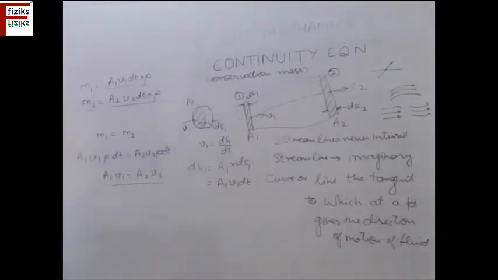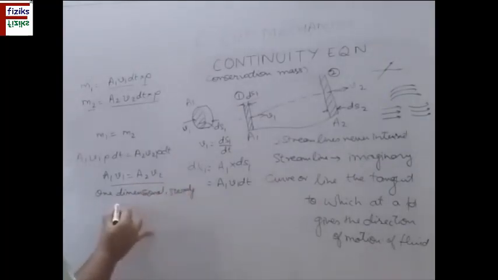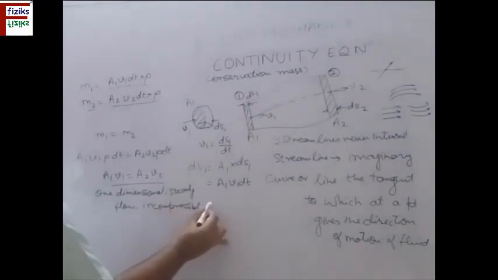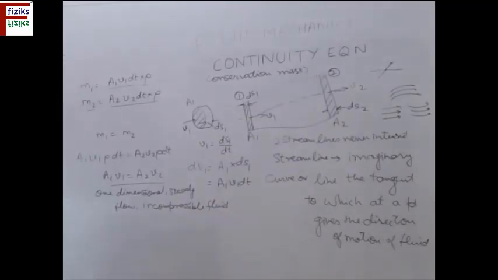This is the equation of continuity for one-dimensional steady flow. Fluid is ideal, that is incompressible fluid without any storage.